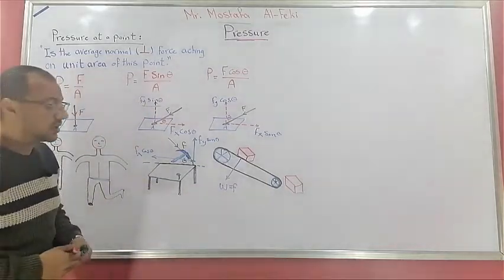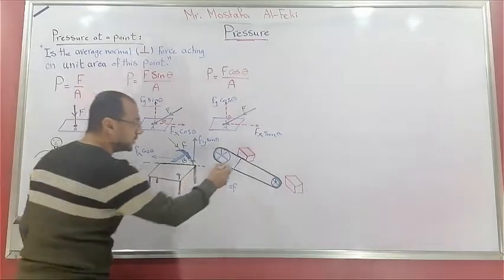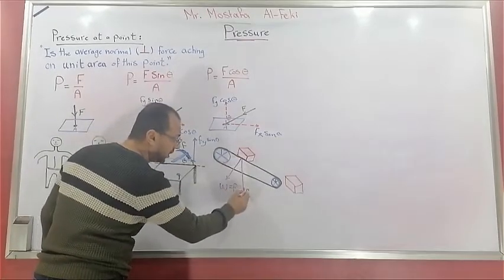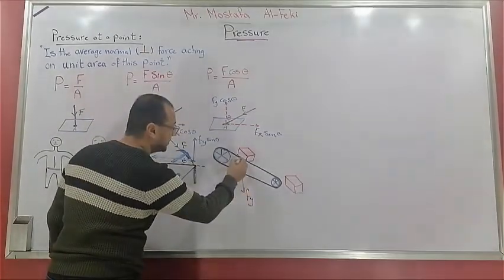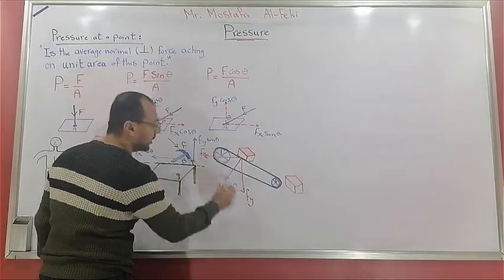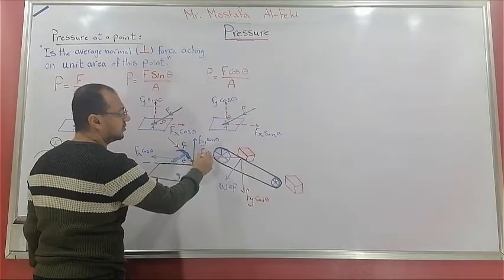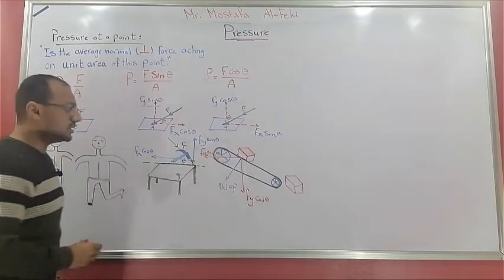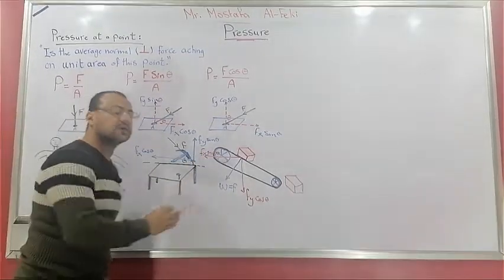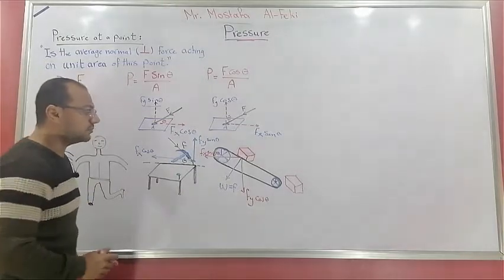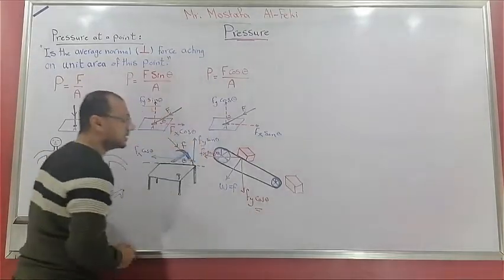So by resolving the weight into two components, the first Fy, the second Fx, Fy equals F cosine theta, Fx equals F sine theta. What is the normal component? It is F cosine theta.